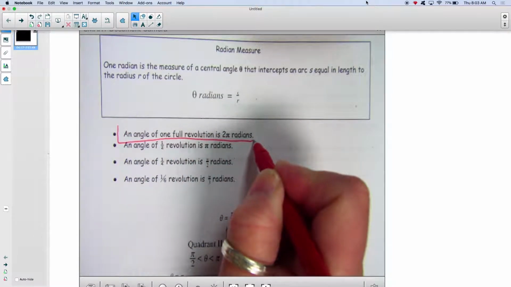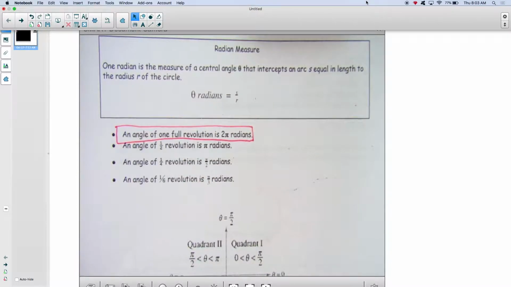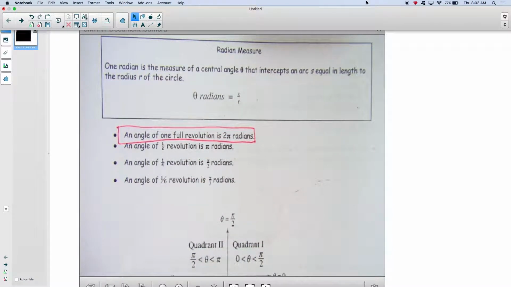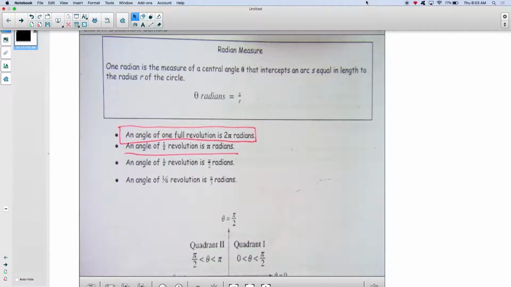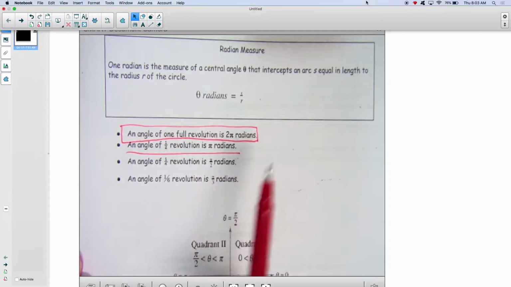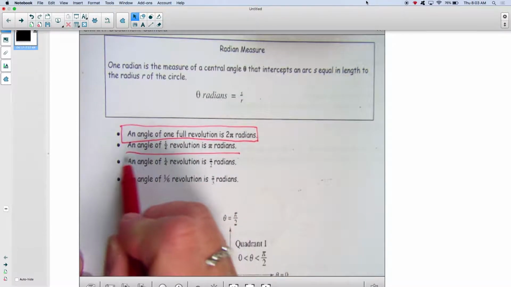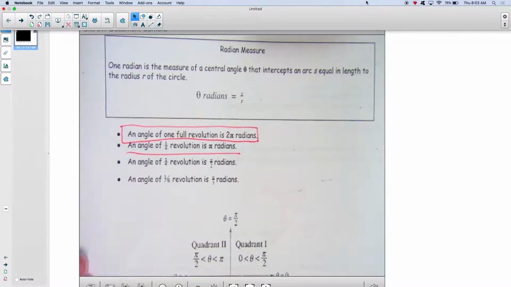What do I mean by 1 revolution? All the way around the circle once. An angle of half a revolution is halfway around, which is pi. A fourth of a revolution is pi over 2, and a sixth of a revolution is pi over 3.